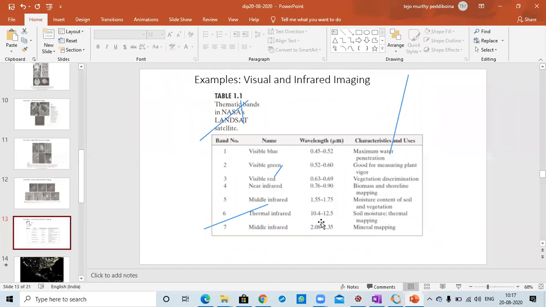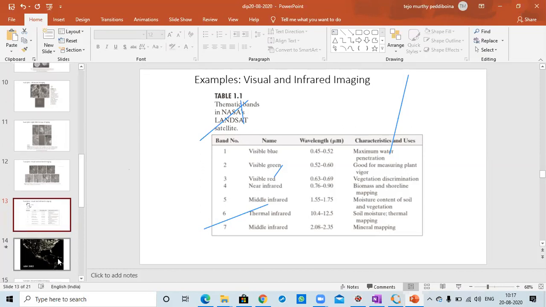It is ranging from infrared, gamma rays, etc. So at a glance, we can identify the moisture content, we can find the soil moisture and vegetation, and mineral mapping. What type of mineral is present you can also estimate through thermal infrared imaging.